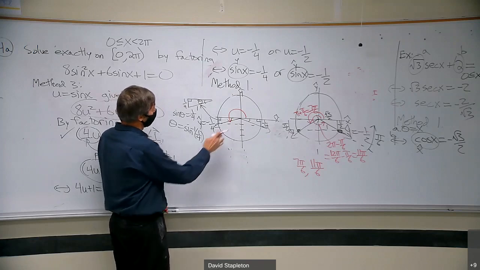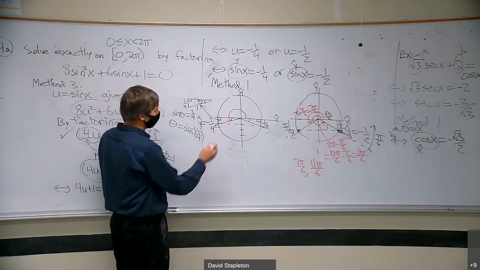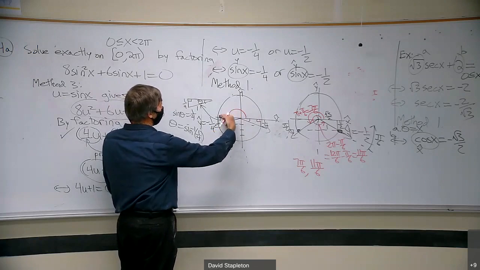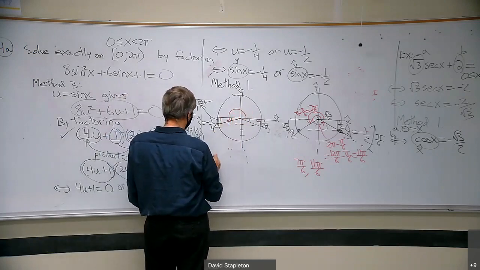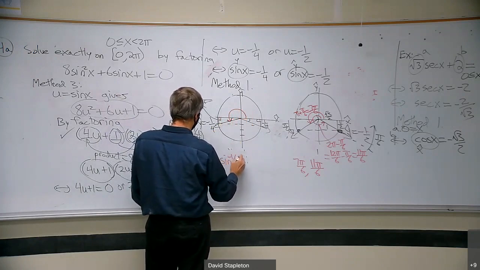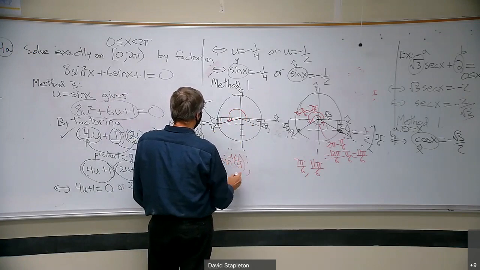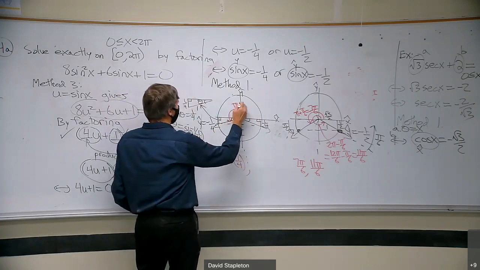Exactly. Well, it's pi plus the arc sine of a fourth. There it is, that's this one.